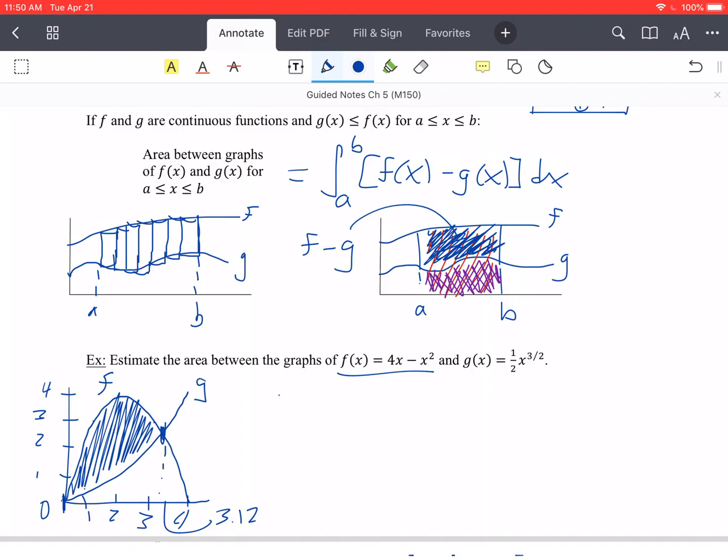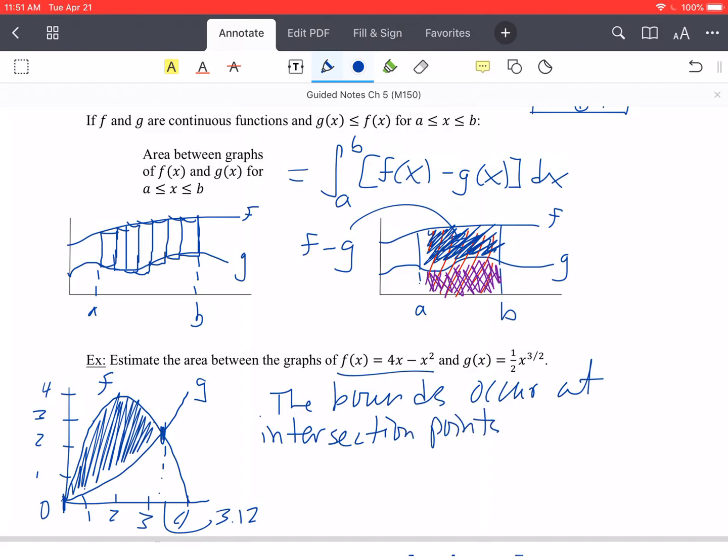So the bounds occur at intersection points. Again, that's x equals 0 and x approximately equal to 3.12.